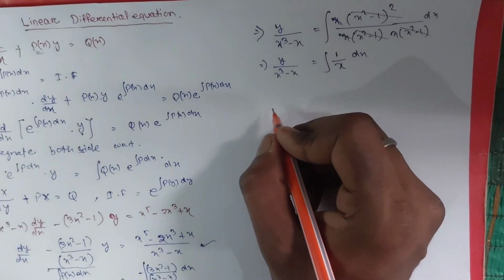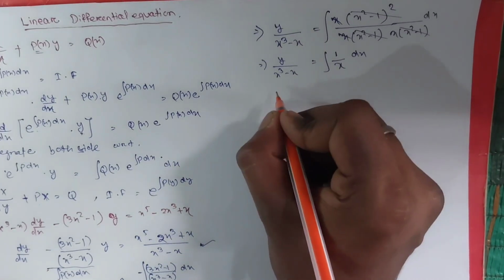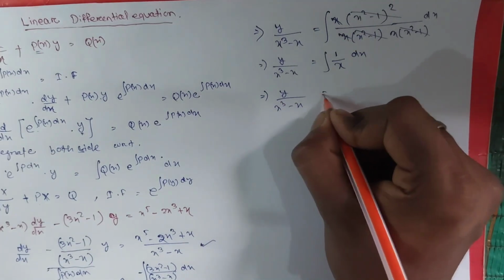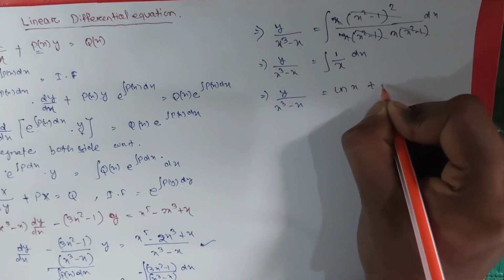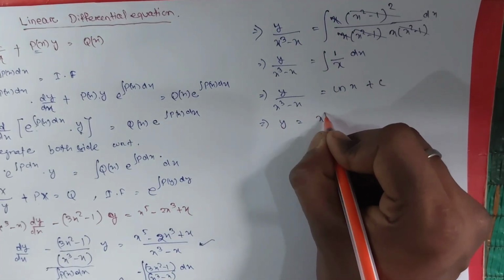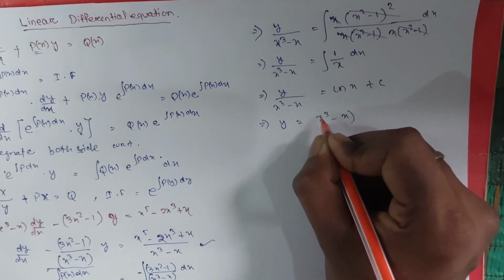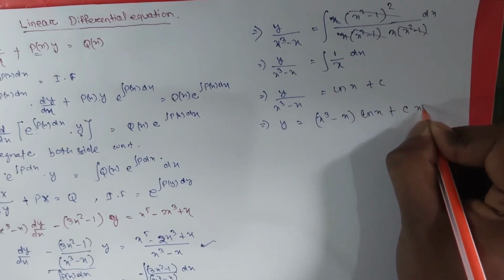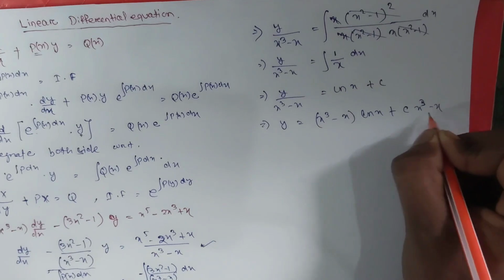So then it becomes y/(x³ − x) equals ln x + c, and y equals (x³ − x) ln x + c(x³ − x).